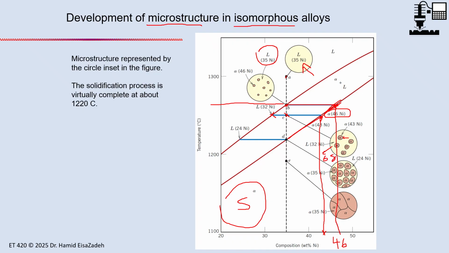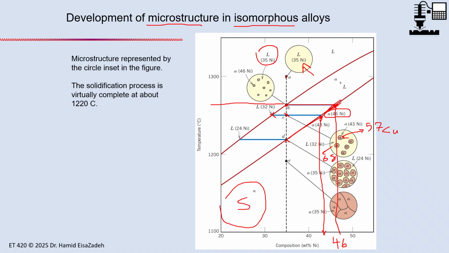The same thing for this region. So if you have 43% nickel, how much copper do I have there? You just again subtract this amount from 100, then you find 57% copper. Simple.